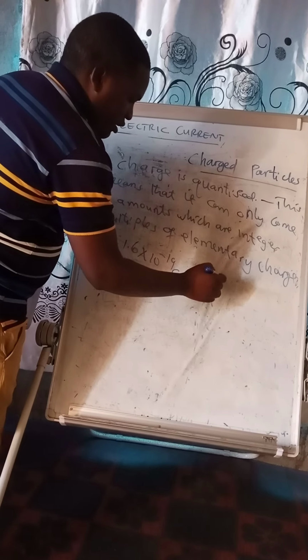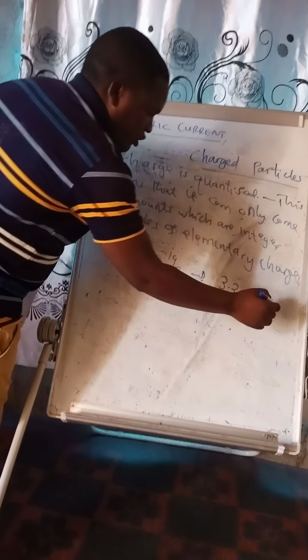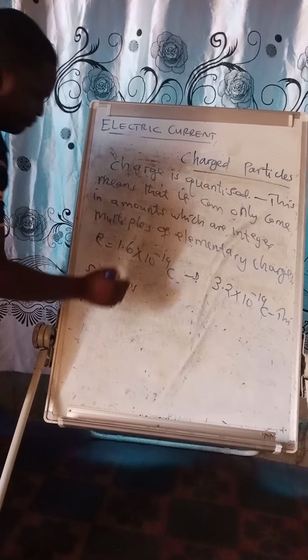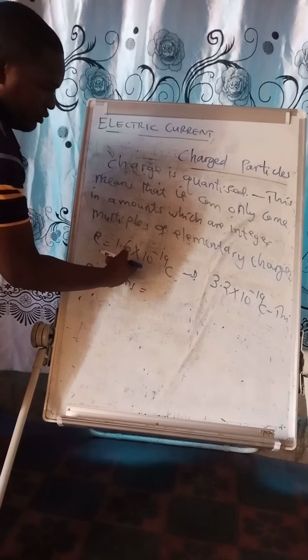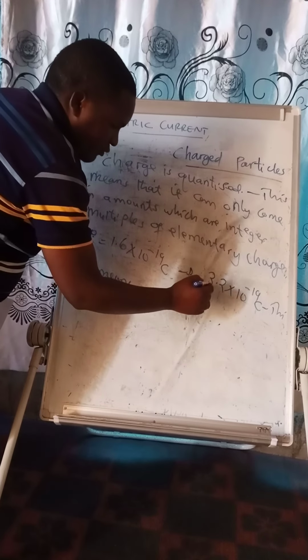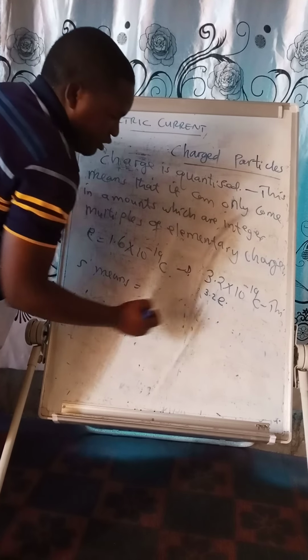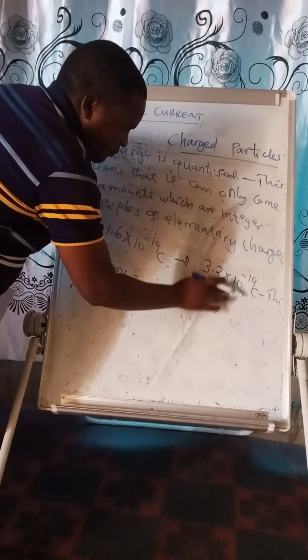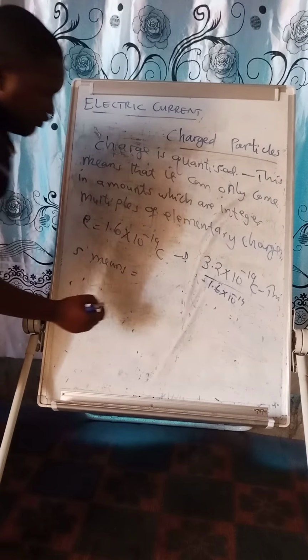If we write the charge as 3.2 times 10 minus 19 coulomb, we have to divide by this value, 1.6 times 10 minus 19, which will give you 2.